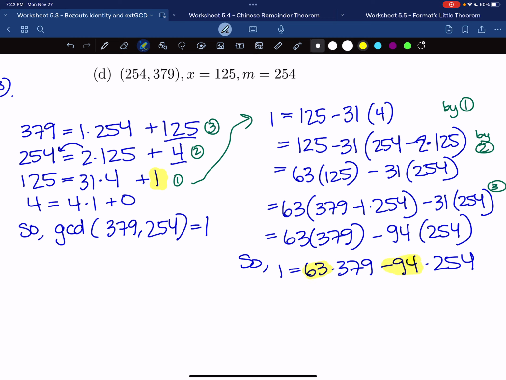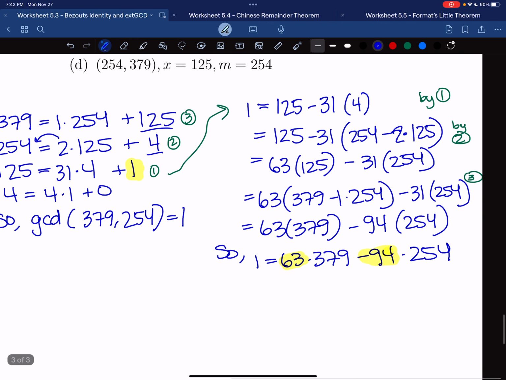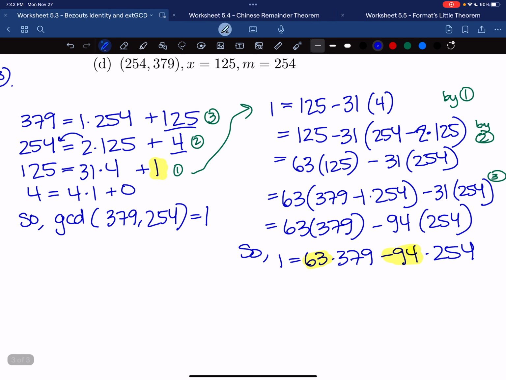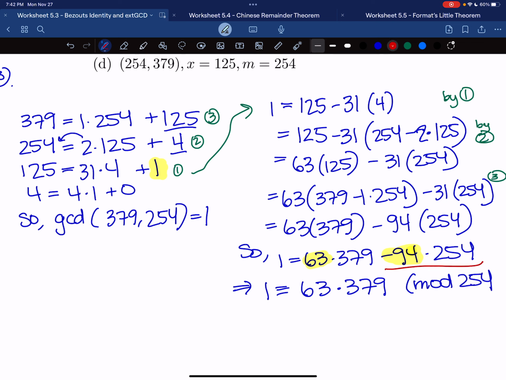Those are Bezout's coefficients. But what we want right now is the modular inverse of 379 mod 254. And so what that tells us is we can take both sides mod 254, and that means that on the left-hand side, that's 1. On the right-hand side, this just becomes 63 times 379 under mod 254, because this becomes 0.